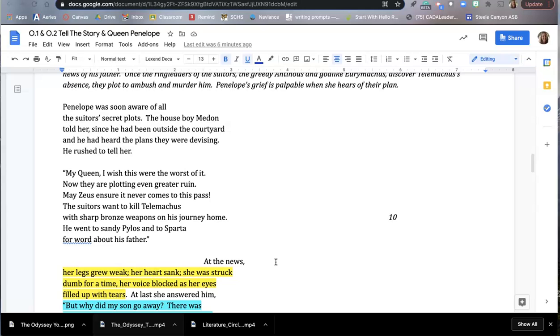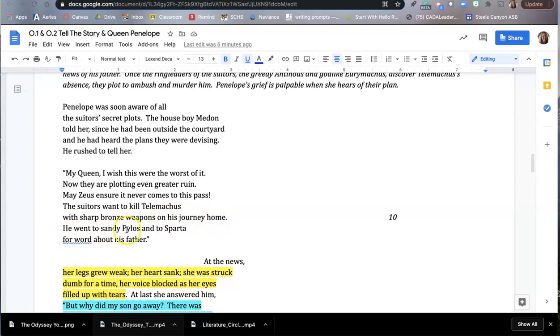The houseboy Medon told her, since he had been outside the courtyard as he heard the plans they were devising. He rushed to tell her, "My queen, I wish this were the worst of it. Now they are plotting even greater ruin. May Zeus ensure it never comes to this pass. The suitors want to kill Telemachus with sharp bronze weapons as he hides on his journey home.